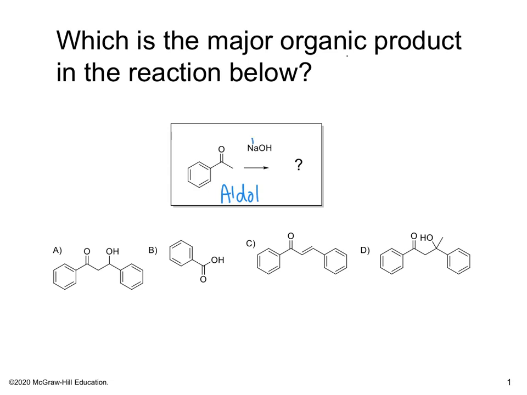So remember that we have our alpha hydrogen here, and we make an enolate. And then you draw another ketone, and the other ketone is the electrophile.